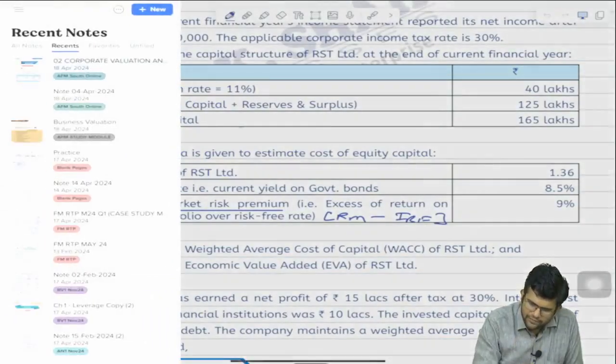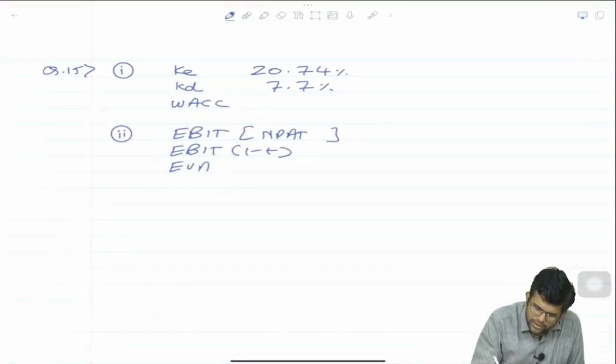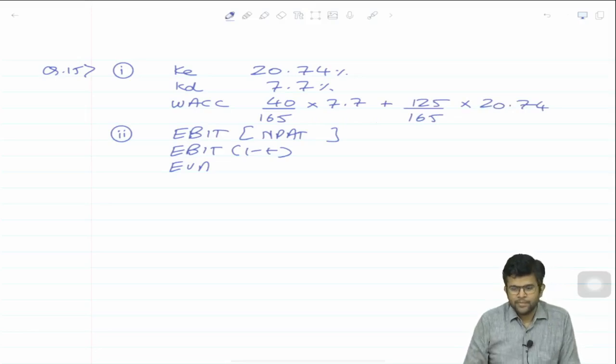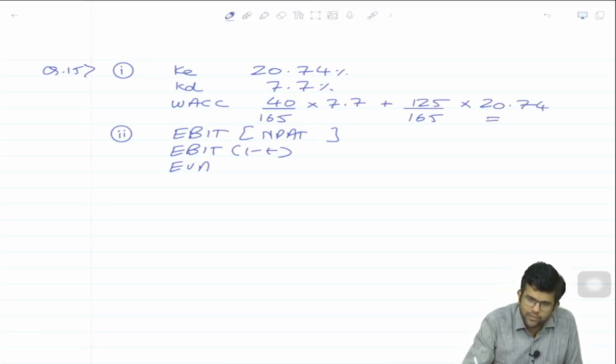It is 40 by 165 into 7.7 plus 125 by 165 into 20.74. Is this correct? And if you solve this, you should get 17.58%.